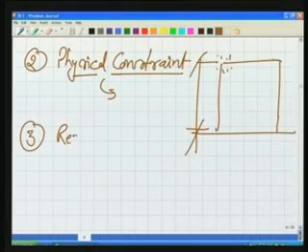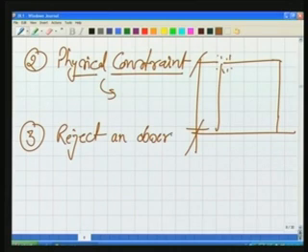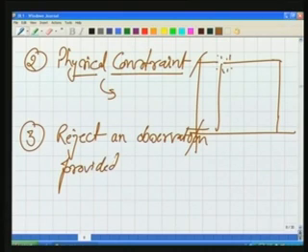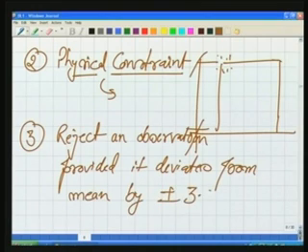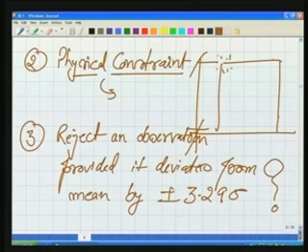So, the third method says you reject an observation provided it deviates from the mean by plus minus 3.29 sigma. Now, we will explain the meaning of this. What is the meaning of what I am writing here? What do we mean and why is it so? We will try to explain this.